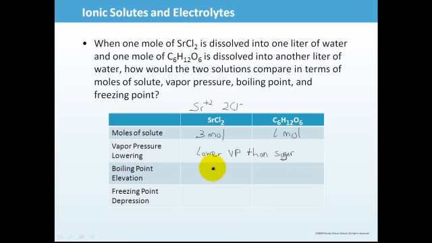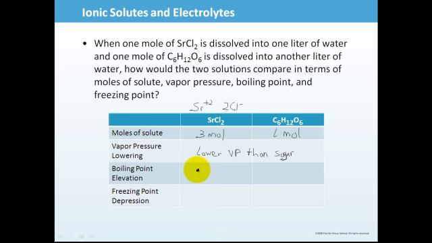Boiling point: the boiling point of water is 100 degrees Celsius, and it's elevated. So the SrCl2 maybe goes up to 110, whereas the sugar maybe will only go up to 102. Those are just random numbers I was choosing; we'd have to actually do the calculations to determine what it would be.